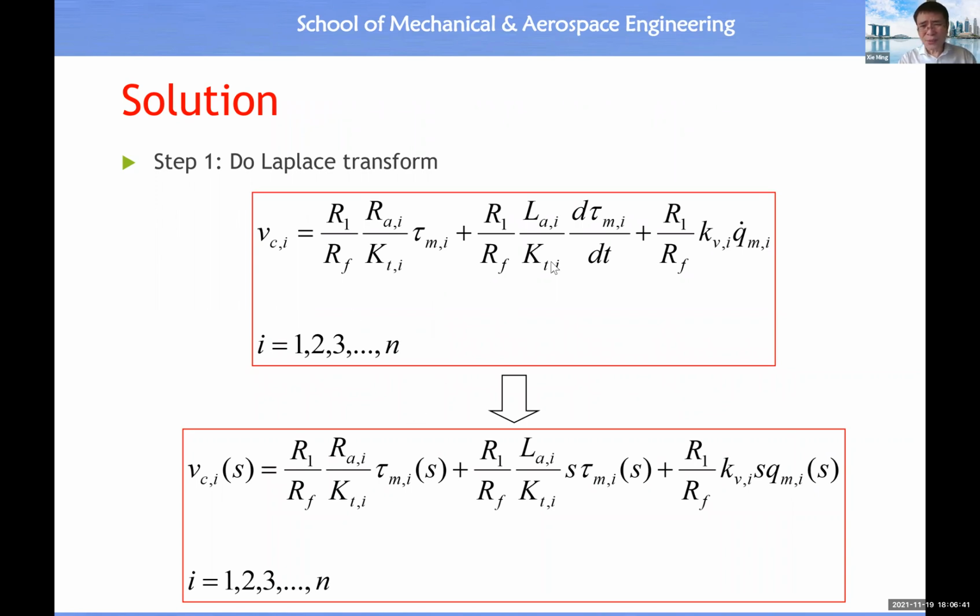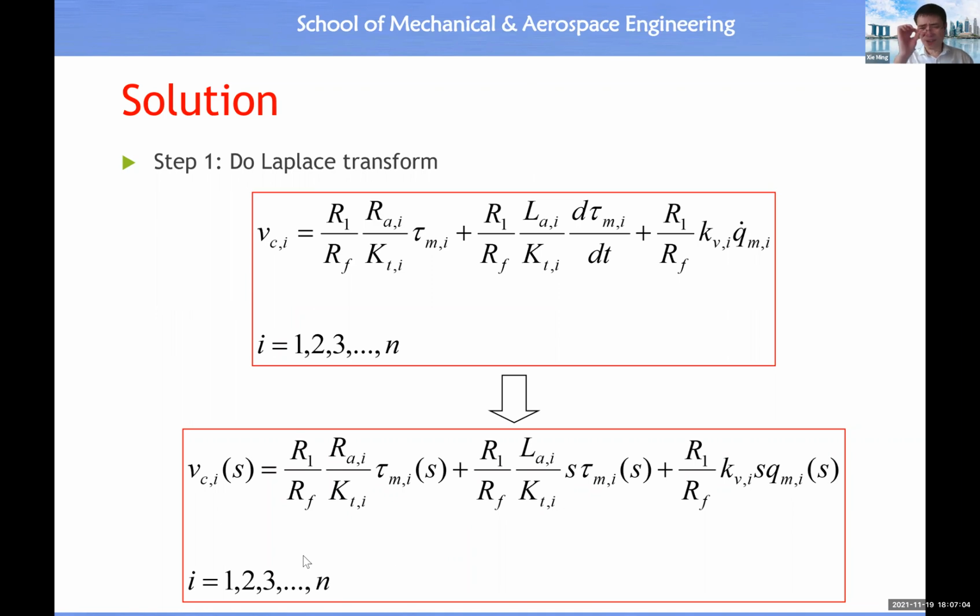First, you see we have a first order derivative here, and a first order derivative here. Then we do the Laplace transform. Then this first order derivative will become S times tau m, and this will become S times Qm. Then all the rest are coefficients. Okay. Since we have a lot of S in the coefficients, you must pay attention.